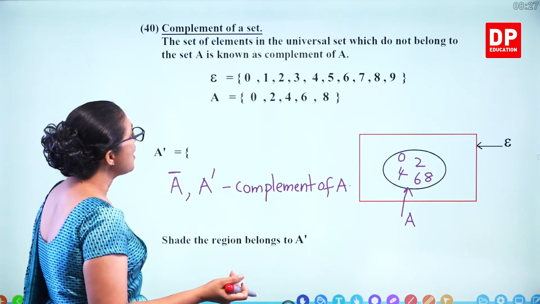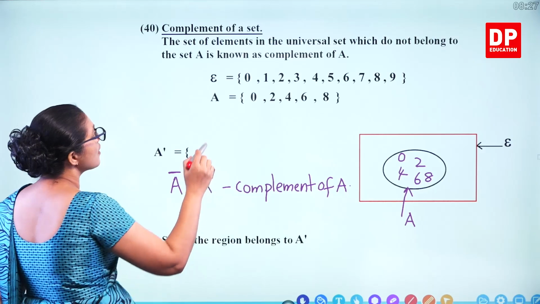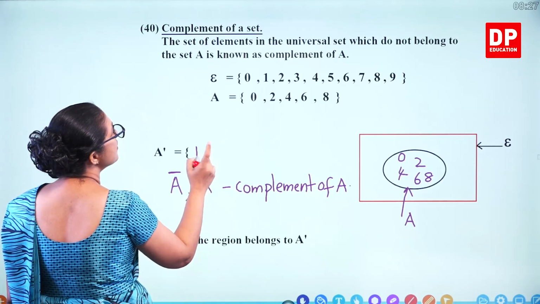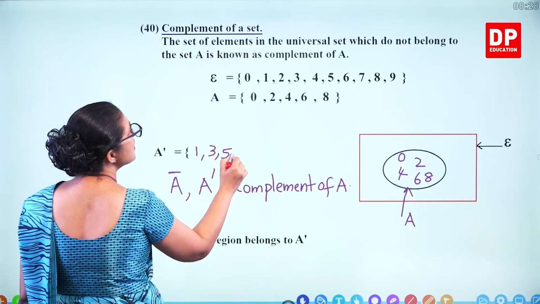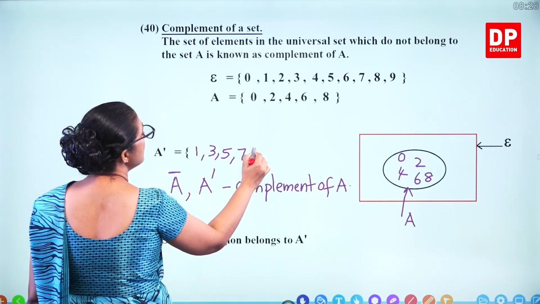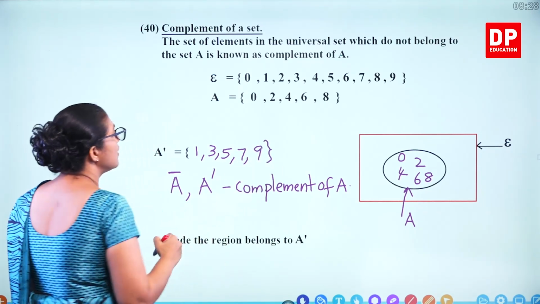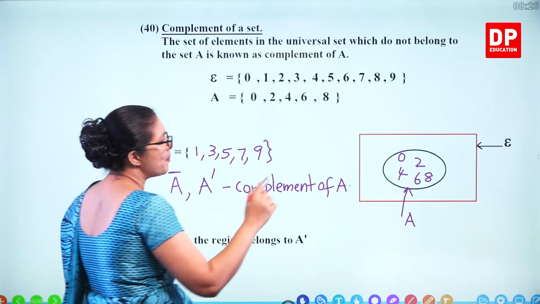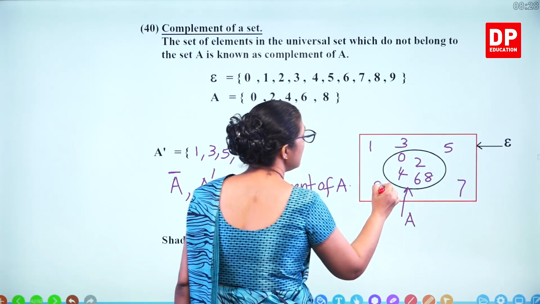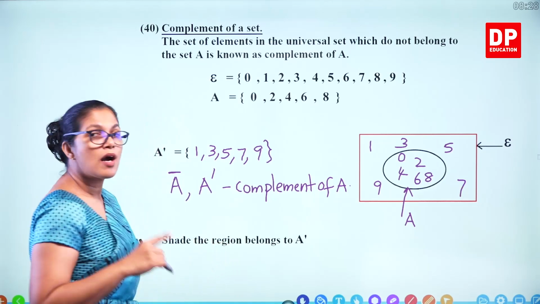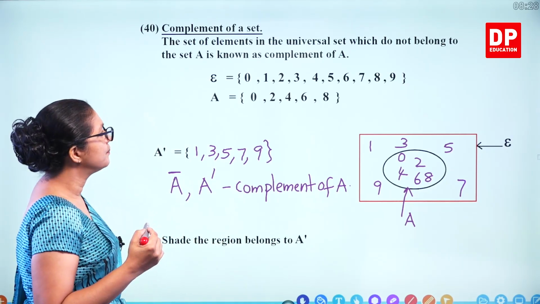So what are the other numbers? 1, 3, 5, 7, 9. So we put outside 1, 3, 5, 7, 9. So those are complement of A.